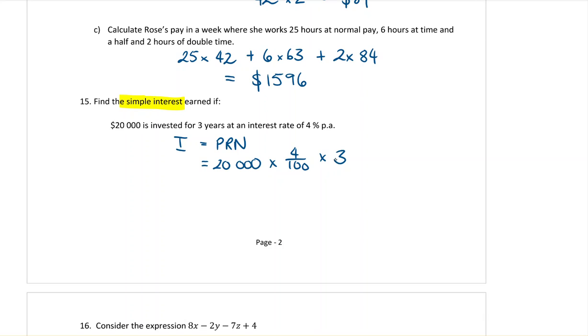And because there was the PRN all next to each other, that's why I've timed them all together. Each of those things are times because they're next to each other. And you type that in your calculator, and that means that you would get $2,400 of interest.